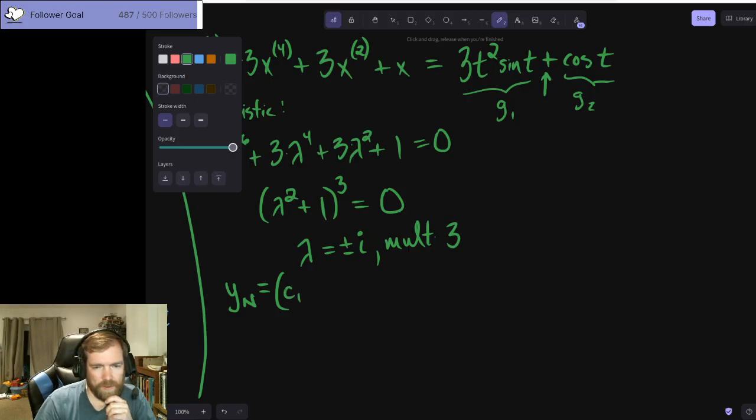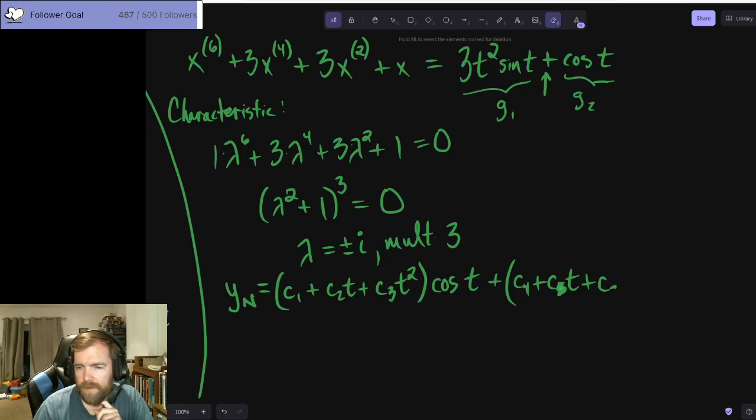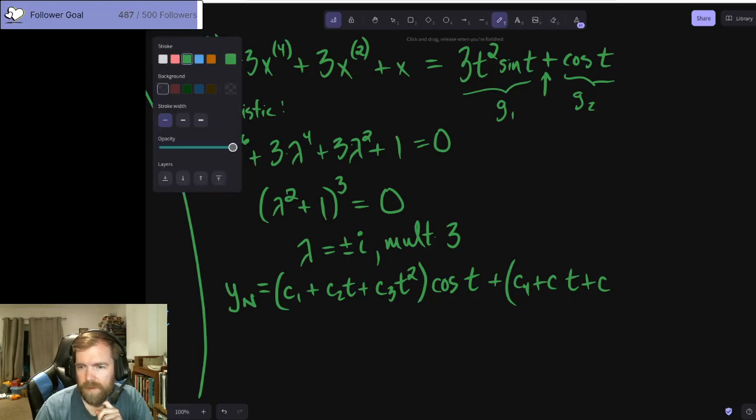So we're going to end up with C1 plus C2 t plus C3 t squared times cosine of t, plus C4 plus C5 t plus C6 t squared times sine of t. Nope, I can't do 1, 2, 3, 4, 5, and 6.